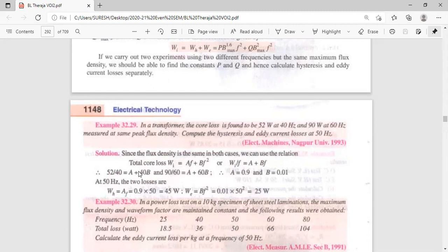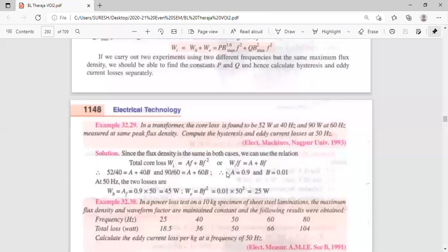Now we are having two equations and two unknowns. Solve these two equations and we will get the constants A and B. Note this down. Let it be equation 1 and equation 2.